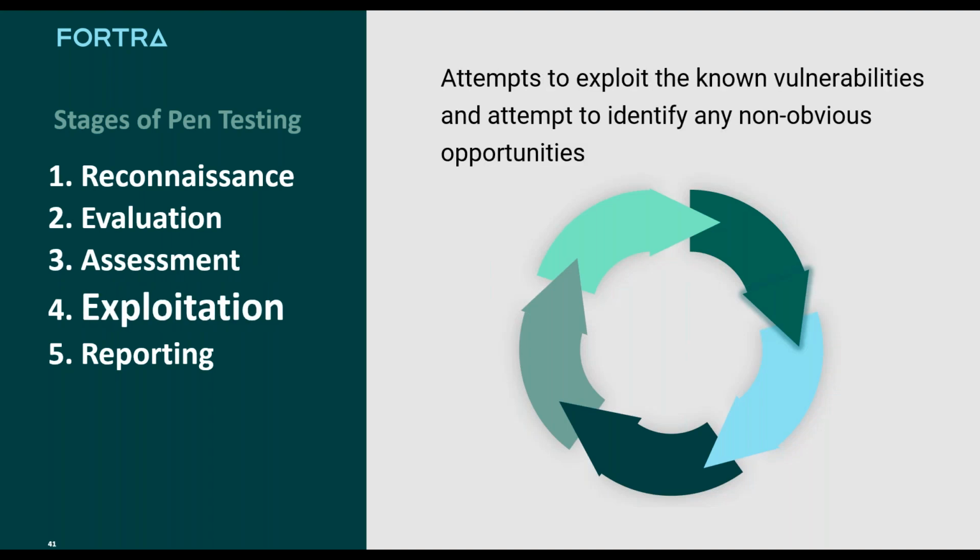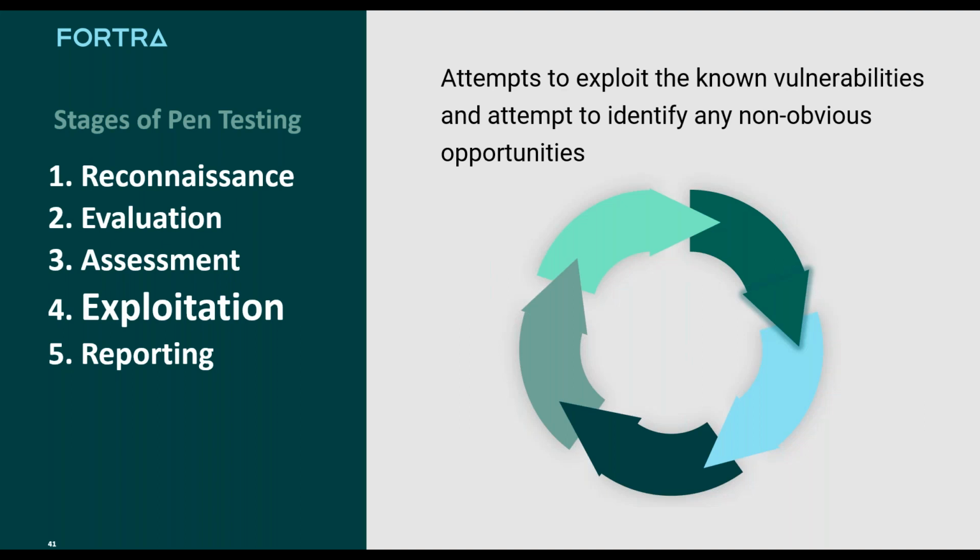And of course, this is the part that everybody always talks about, the exploitation phase. So now I've actually taken all those vulnerabilities found, all those identified attack paths, and now I'm putting them into use, right? I'm going to attempt, as that pen tester, to exploit any of those known vulnerabilities in a safe way, right? This is an approved, agreed upon engagement.